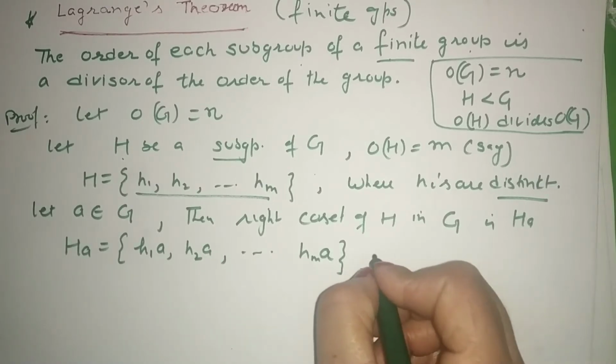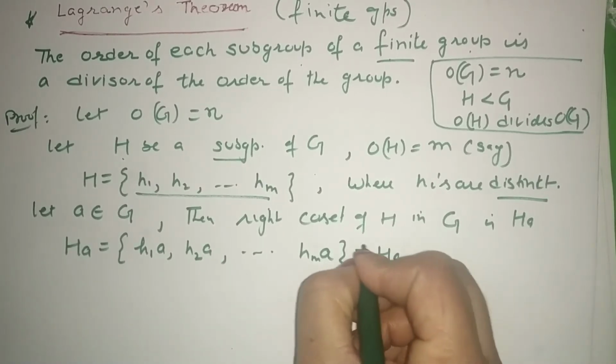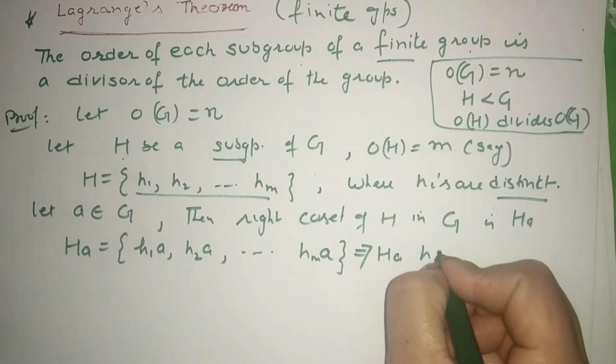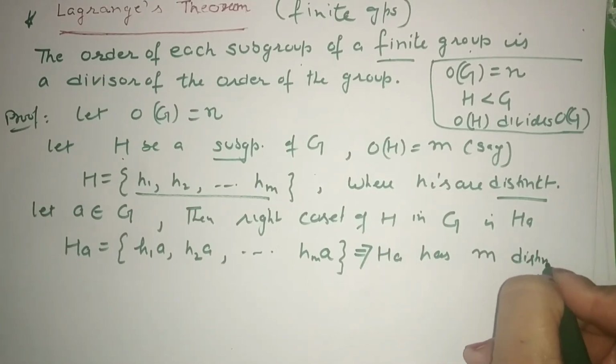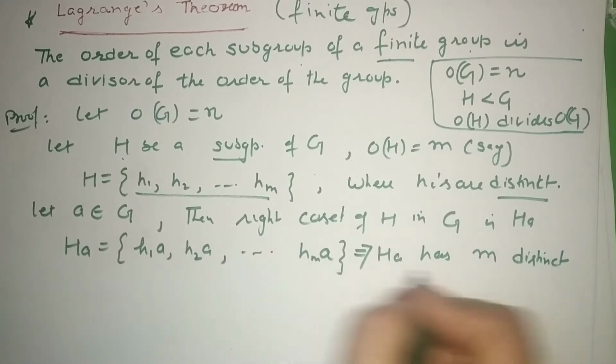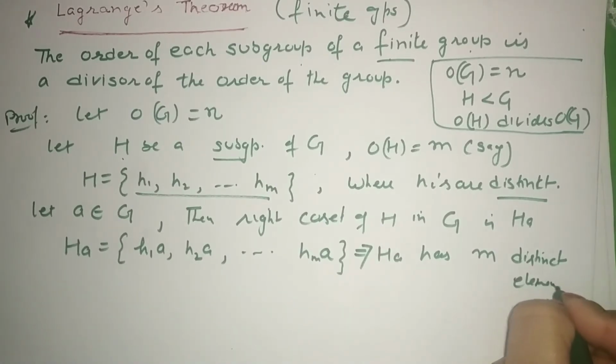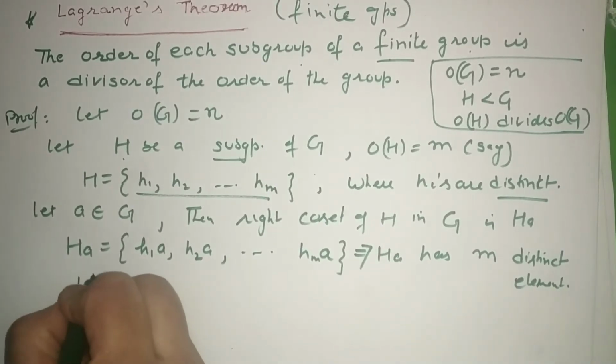So we write, which implies Ha has m distinct elements. Why?